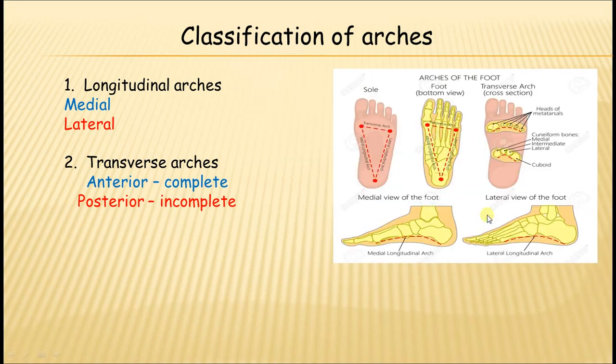So here you are able to see the transverse arches, and it is a series of arches starting from the metatarsals and most posteriorly coming to your tarsal bones, especially your three cuneiforms and the cuboid. So it is a series of arches from anterior to posterior, and the arch is more pronounced anteriorly than posteriorly. But at the heads of the metatarsals, there is no arch because they rest on the ground.